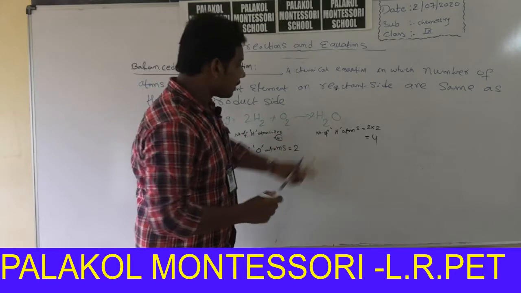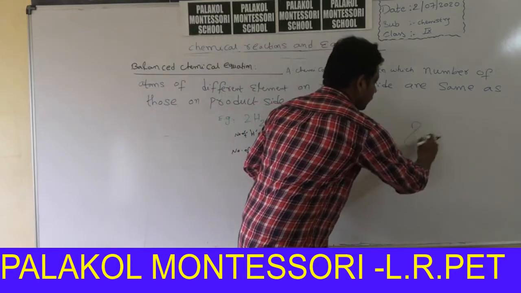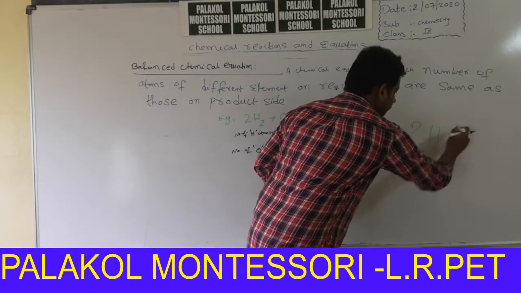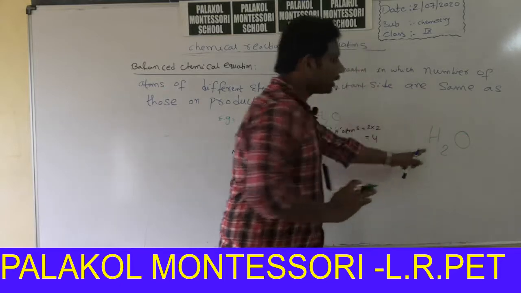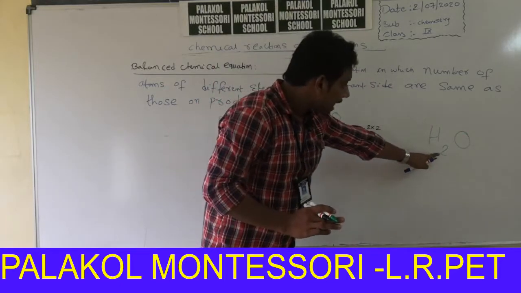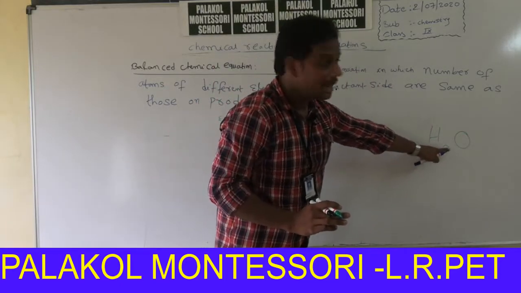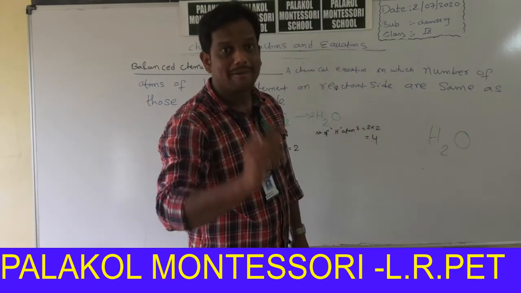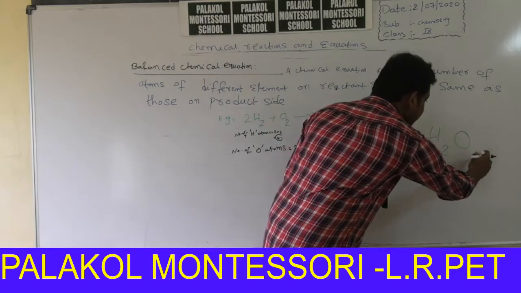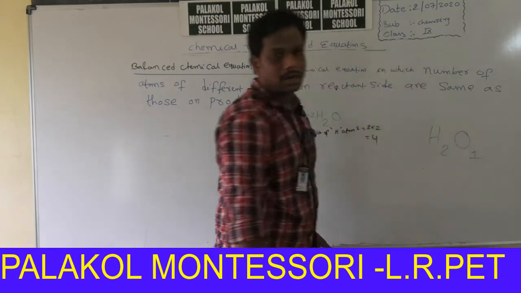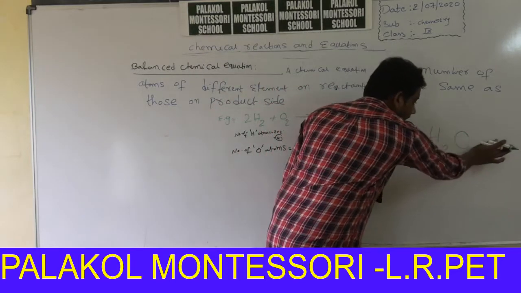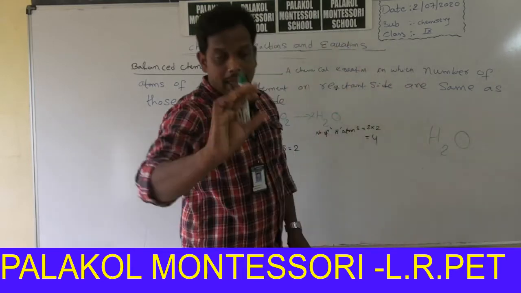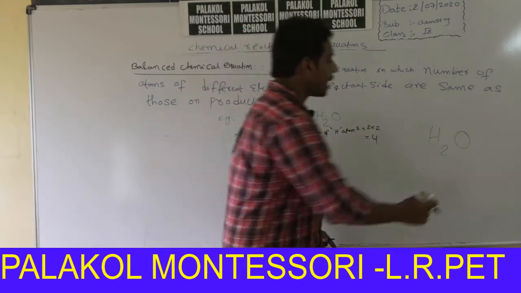Here I will explain with this particular concept. In H2O, hydrogen has subscript 2. What about oxygen? Does oxygen have any subscript? Yes, it has subscript 1. That's why we ignore that number. If there is no number as a subscript, you will remember it as 1.